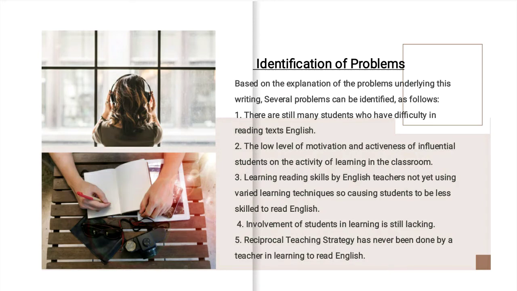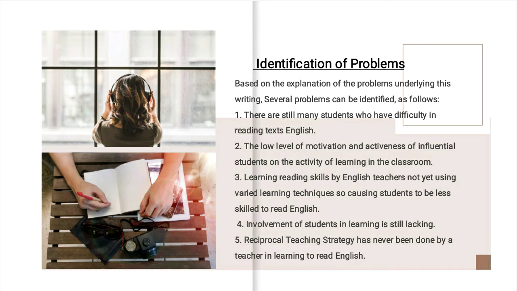Identification of problem. Based on the explanation of the problem underlying this writing, several problems can be identified as follows. 1. There are still many students who have difficulty in reading English texts. 2. The low level of motivation and activeness of students in the learning activities in the classroom. 3.